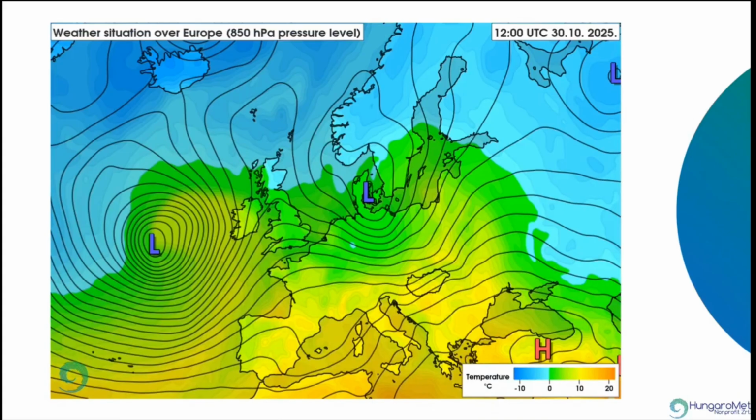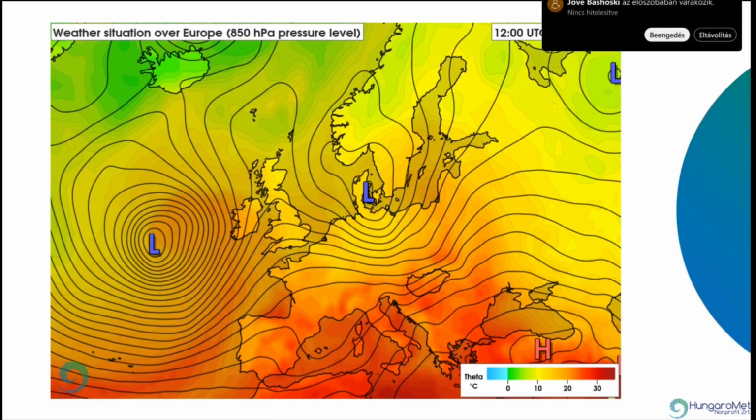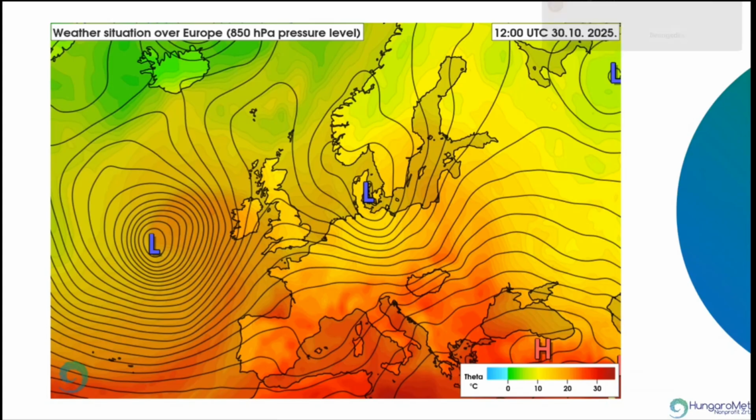And if we go on to the pseudopotential temperature at 850 pressure level, it also is very clear why the front above sort of Northern Europe wasn't pulled down all the way to the Mediterranean, because it isn't a clear harsh gradient as it would be for a front.